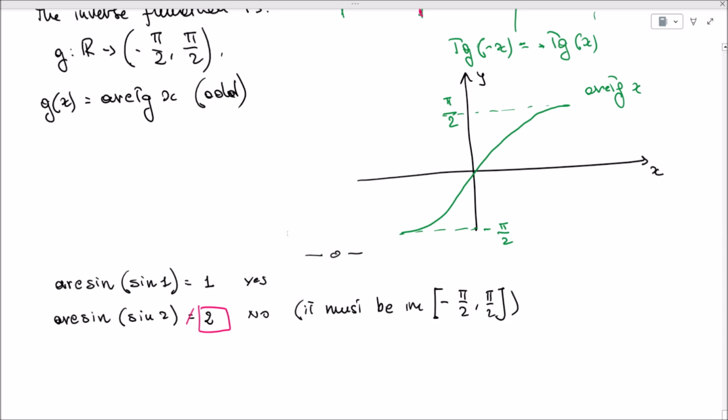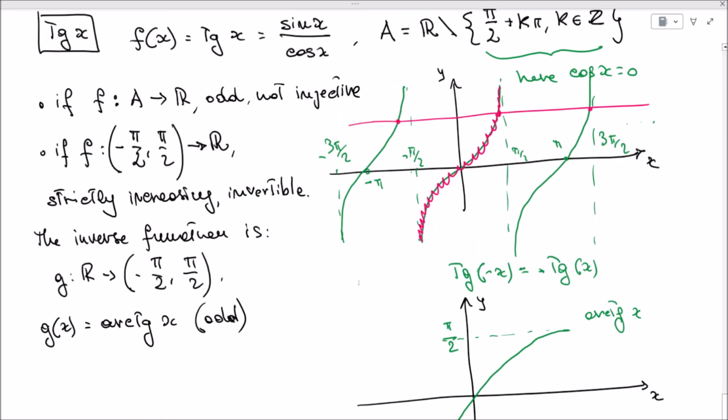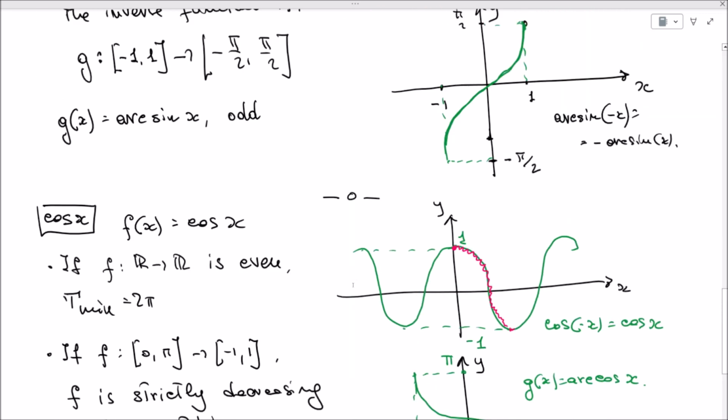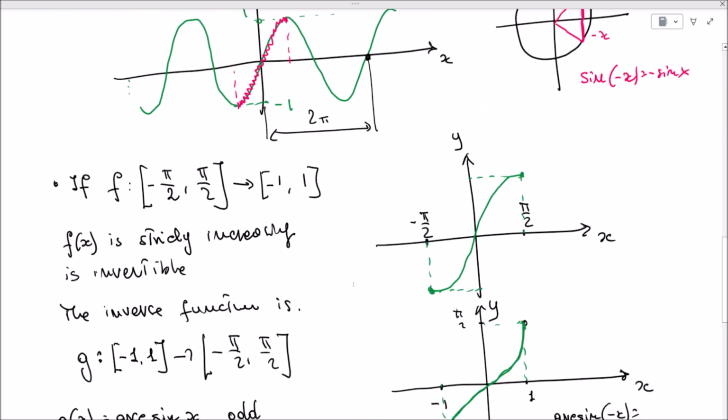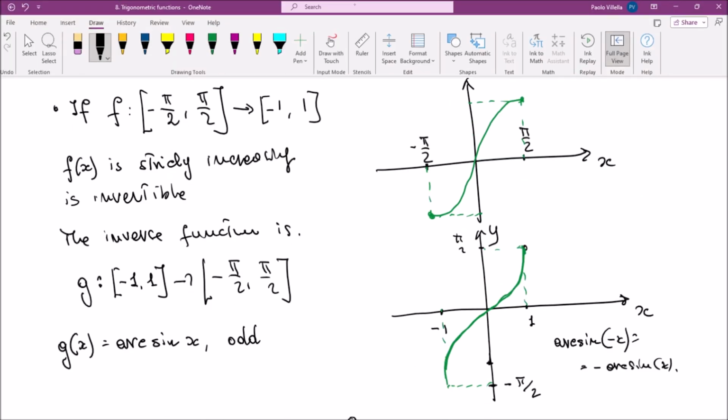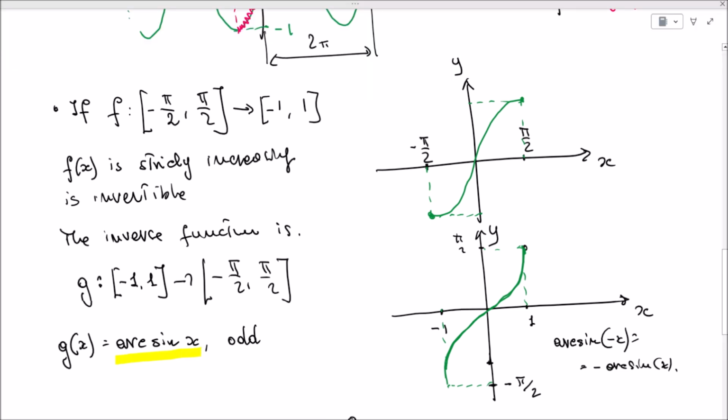In fact, if we go back to the definition of the arc sine, we saw that the codomain is minus pi over 2 to pi over 2.